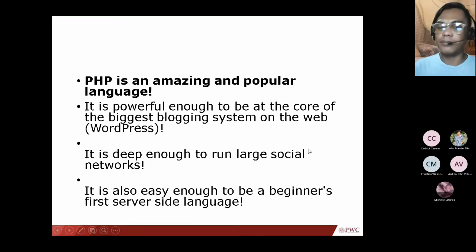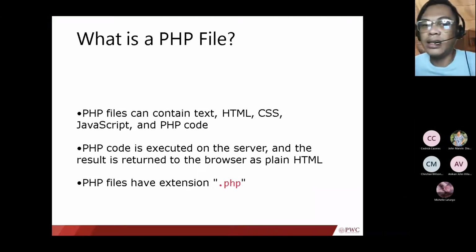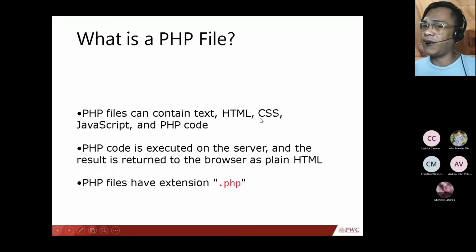And then, what is a PHP file? A PHP file can contain text that can be run through HTML, CSS, JavaScript, and PHP. As you can remember, when we started web programming, we started with HTML when you were in grade 11, which includes CSS.